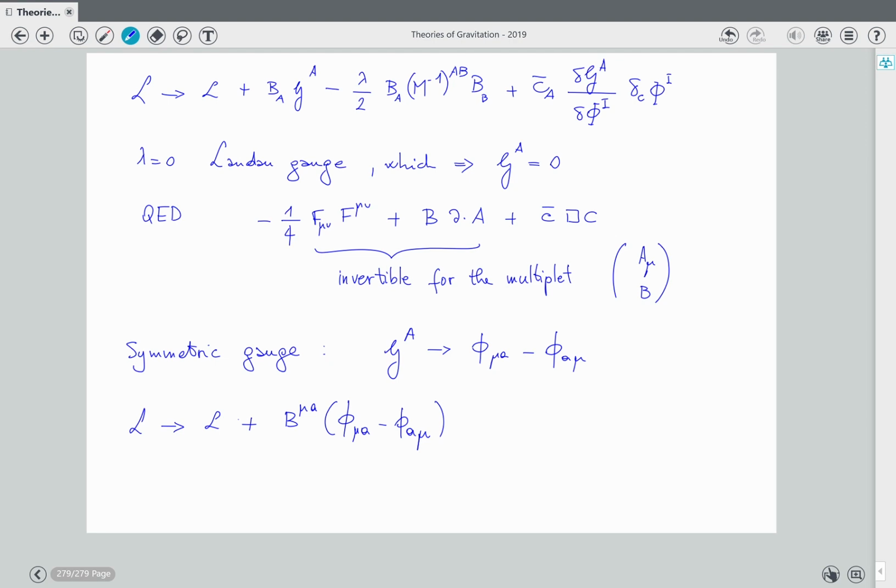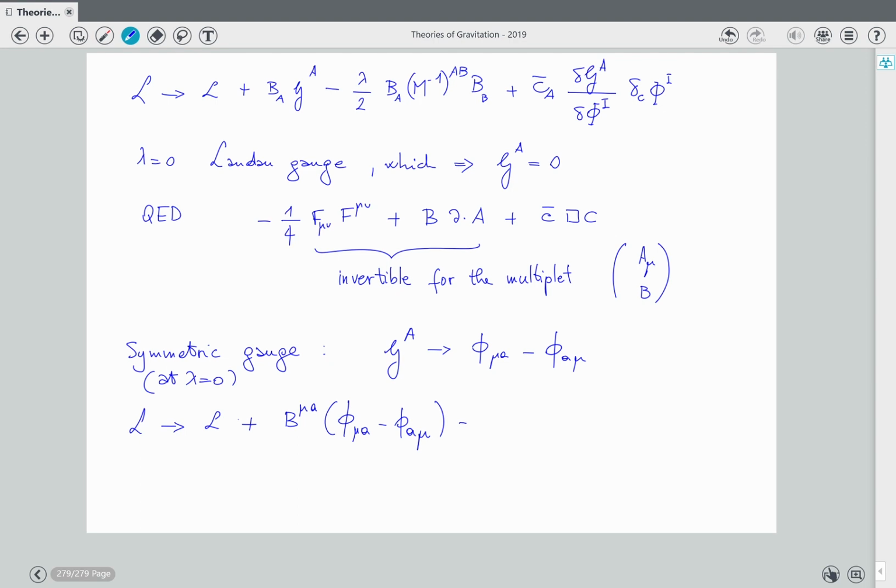And you can drop this term by just saying f mu a will be symmetric. It's like solving this equation and inserting back the solution into the action, so you can do it. We write it down just because it's there. Symmetric gauge and Landau gauge, if you want.